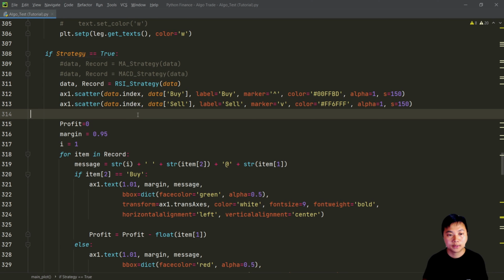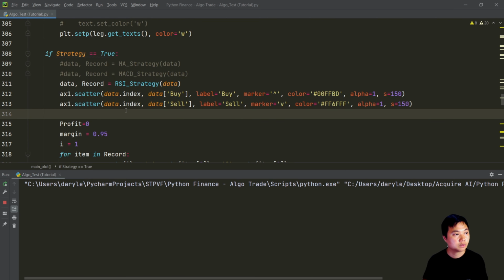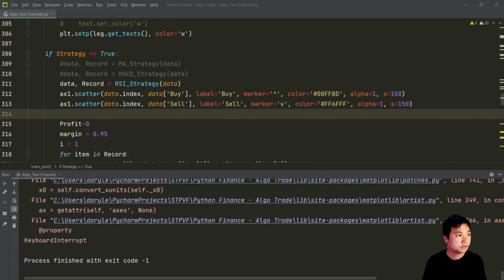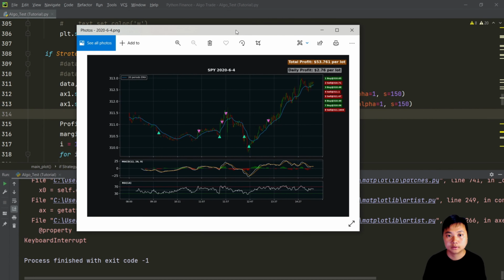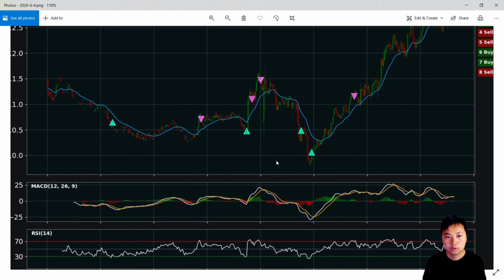So let's run this to make sure we build this trading bot successfully. Excellent, we just built the trading bot successfully. Let me show you one example. Over here, you can see that the RSI is changing from a value that is less than 30 to a value that is higher than 30.